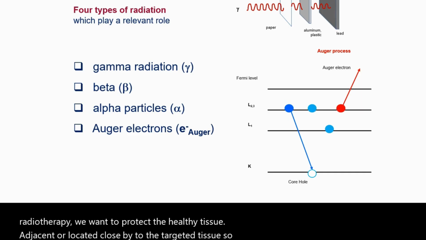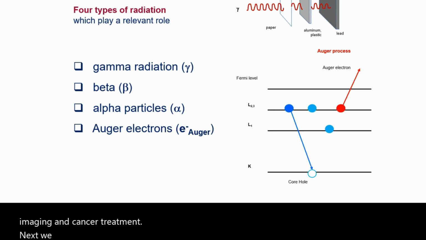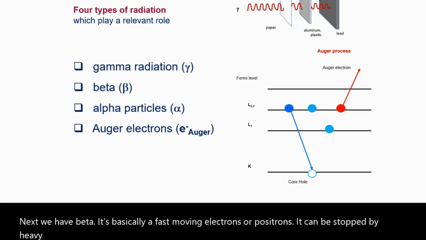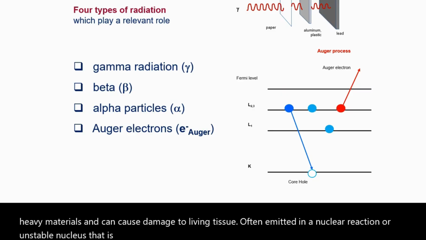So it is extensively used in medical imaging and cancer treatment. Next, we have beta. It's basically fast-moving electrons or positrons. It can be stopped by heavy materials and can cause damage to living tissue, often emitted in a nuclear reaction or unstable nucleus that is decaying to reach stability.